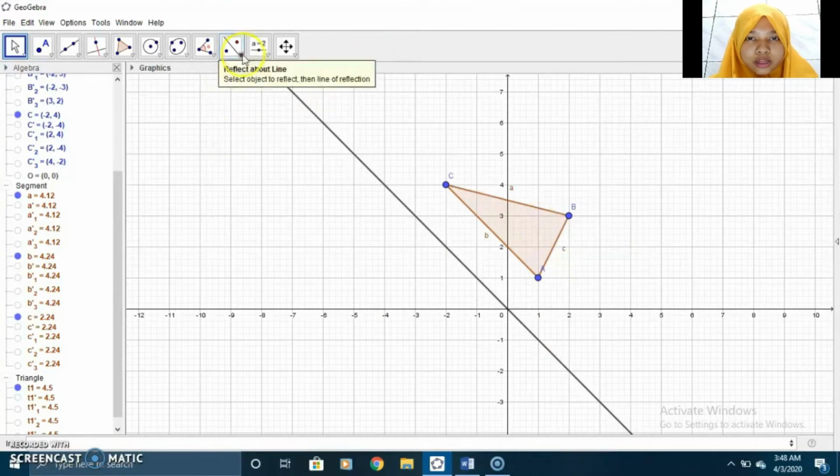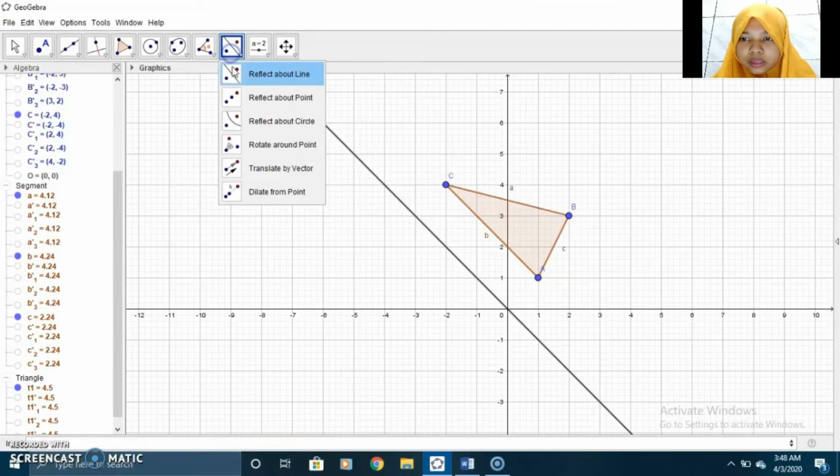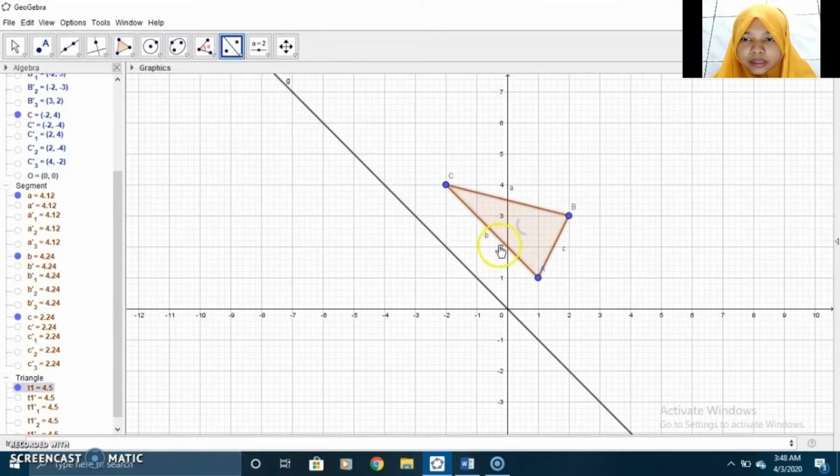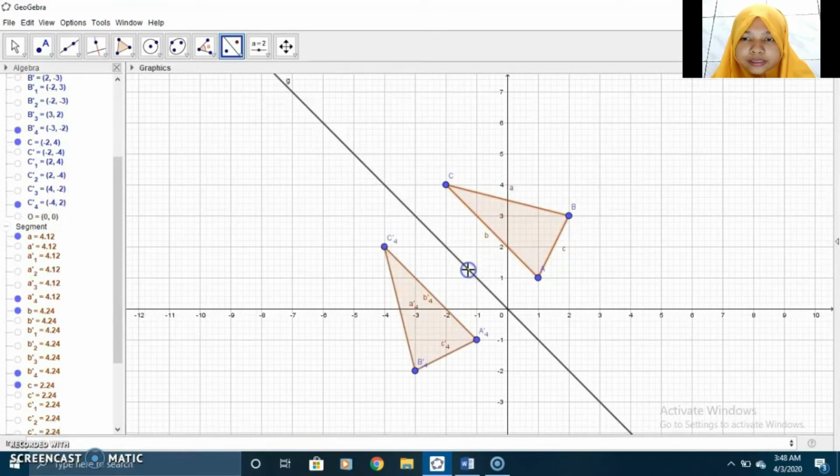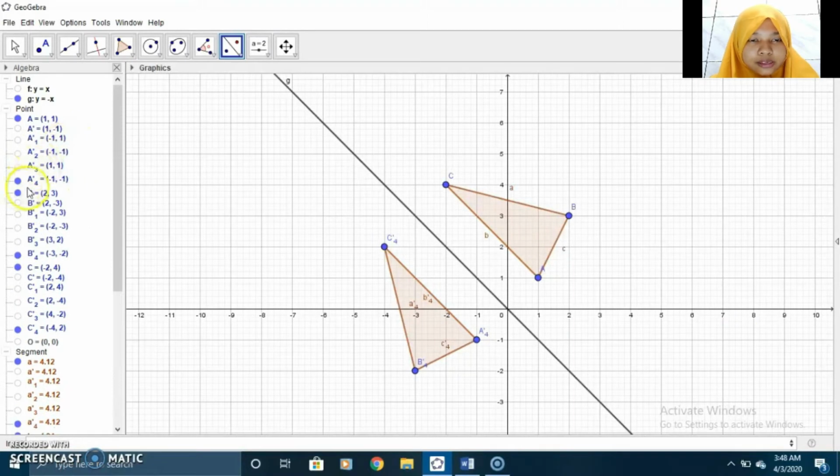Now we choose Reflect about Line and click triangle ABC and the line y equals minus x. Then we have A4', B4', and C4', with coordinates A4' is (-1,-1), B4' is (-3,-2), and C4' is (-4,2).